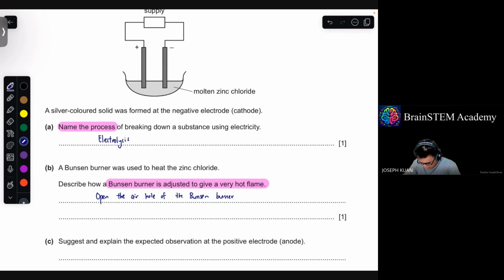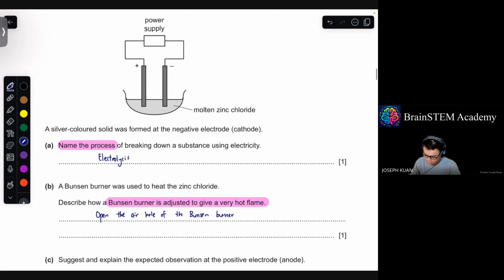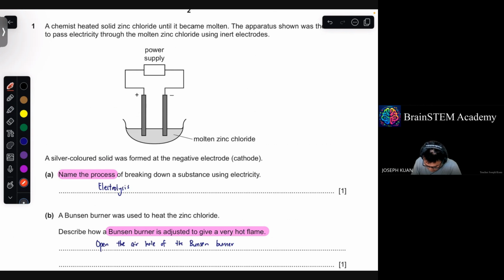Suggest and explain the expected observation at the positive electrode, which is the anode. Now, at the positive electrode, the anode, we expect to see anions getting discharged at the anode.